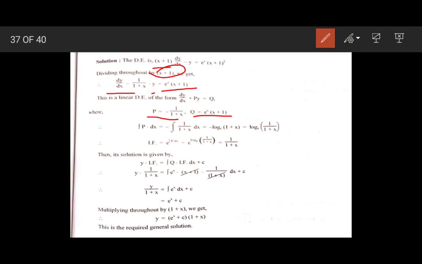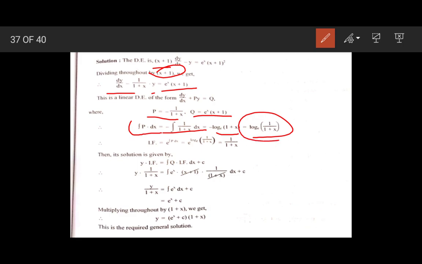Now we will find the integrating factor. Before that we will integrate p with respect to x. So the minus will come outside the integral: minus integral 1 upon 1 plus x dx. So that is equal to minus log (1 plus x), and that is equal to log 1 upon 1 plus x.